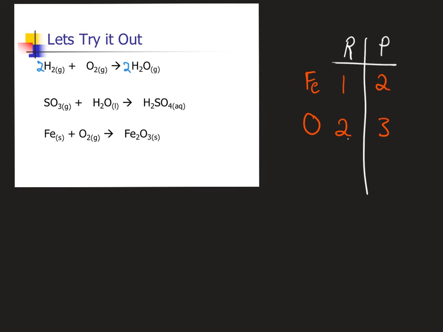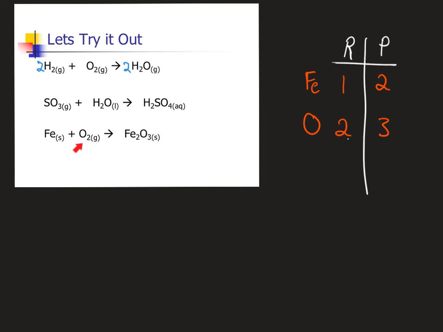Now, one of the things that I'm going to suggest that we look at when we start, because a lot of people will want to start with the iron, right? We want to start with the iron because it's by itself. That's one possibility. However, at the end of it all, whatever I put in front of here is going to affect what I end up putting there.